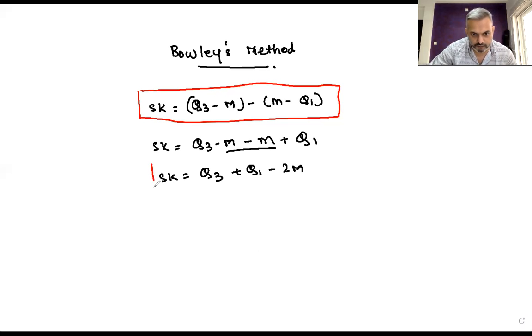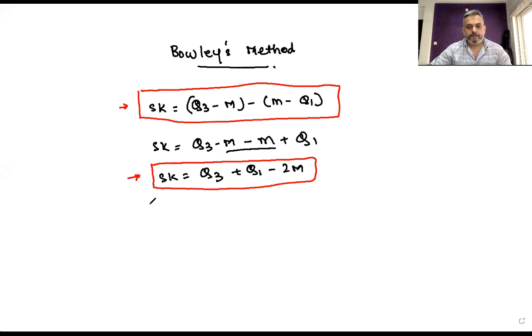So this also you have to remember, both the formulas. So this formula and this formula. Now this is for skewness.